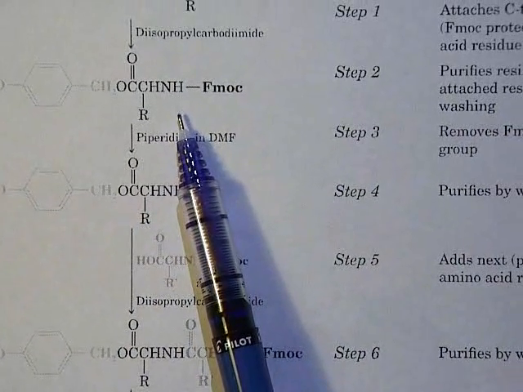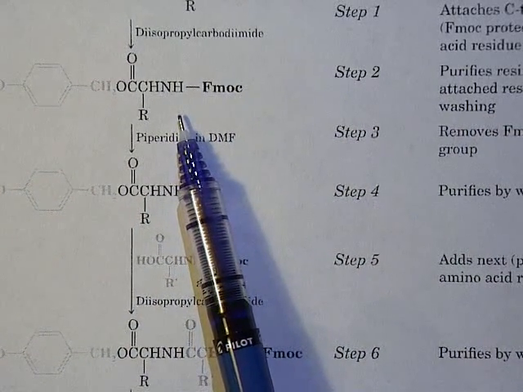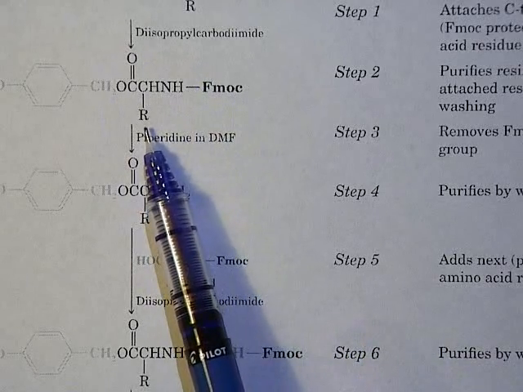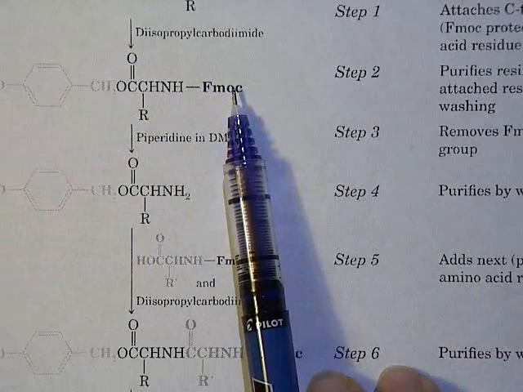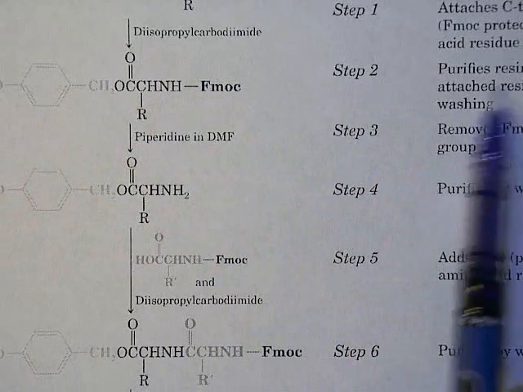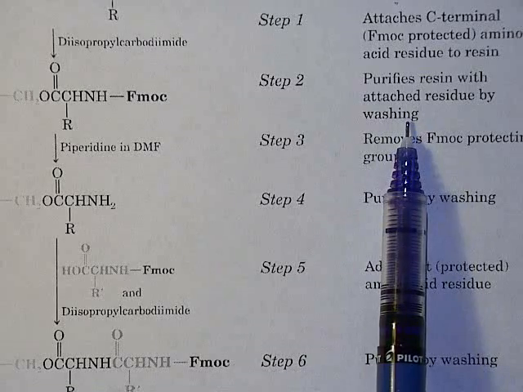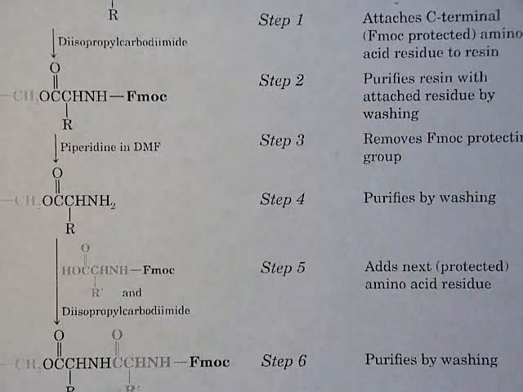All right, everything else gets washed away. So if there's a side reaction or if anything else happened that's not attached to the bead, you're basically removing it by just simply rinsing it. That's why it's possible to do this automated synthesis.